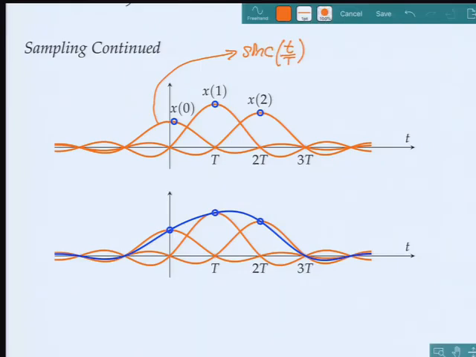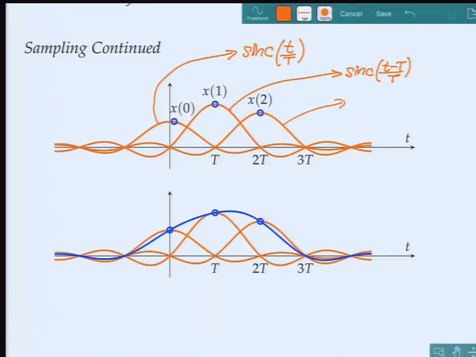Okay? What is this one? That's also a sinc, except that it's shifted by capital T. So whatever I have here, I'm going to take little t and replace it with t minus T, right? So that guy is sinc of (t minus T) by T, right? I'll add the multiples because x0, x1, x2 are the amplitudes, right?